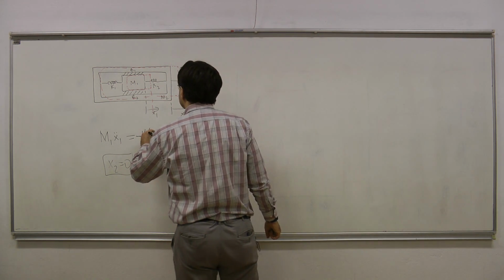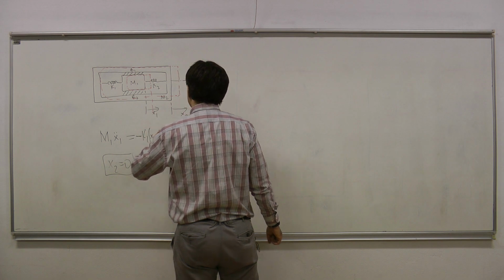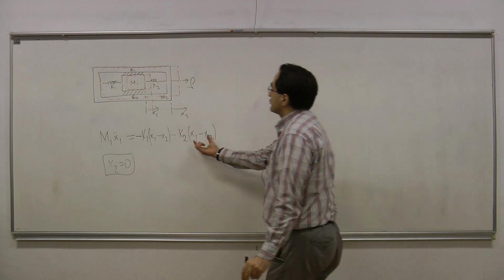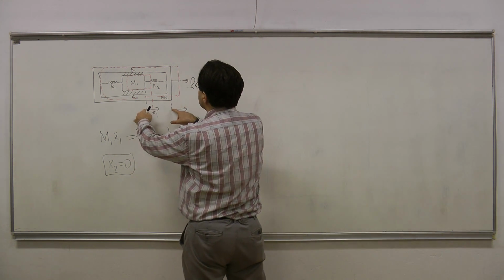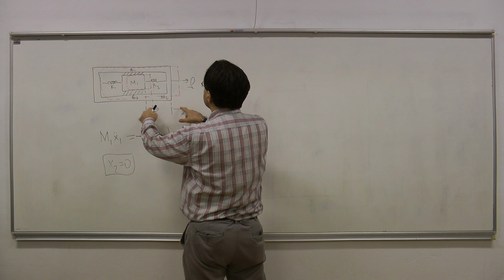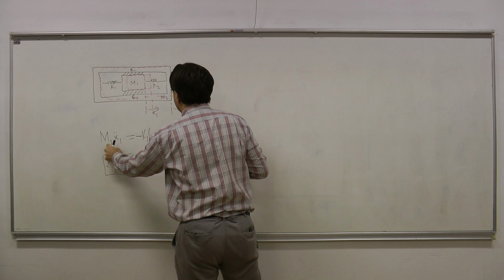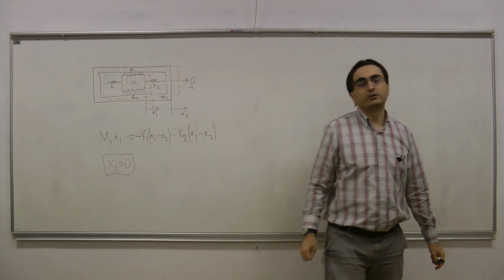I can ensure that by putting here x1 minus x2 and x1 minus x2. So in this case, when x1 is equal to x2, when both of the masses are moved with the same amount to the right, no force is applied to x1 at all.